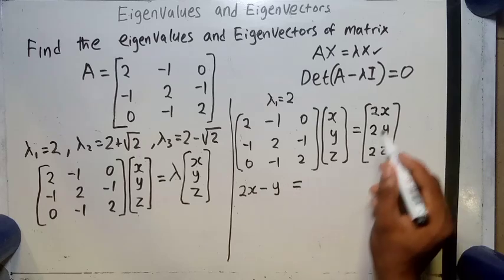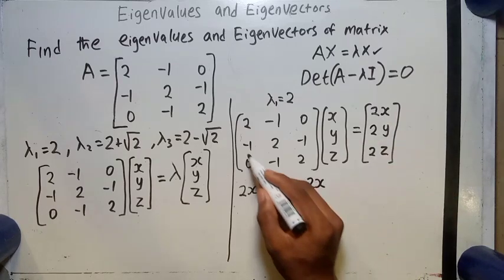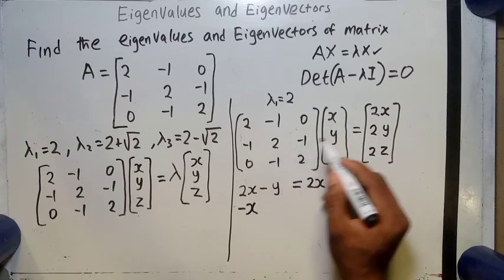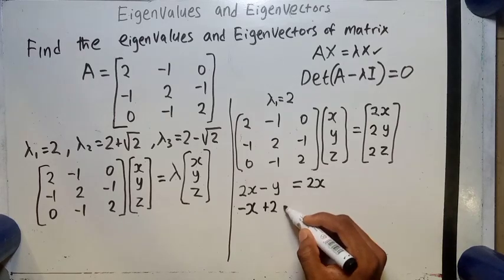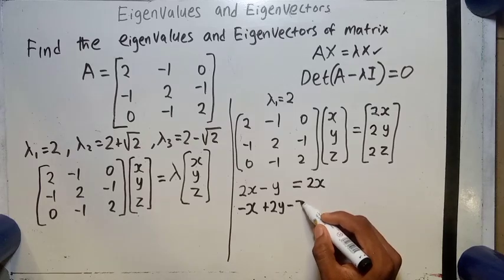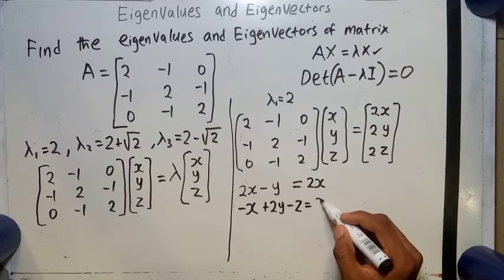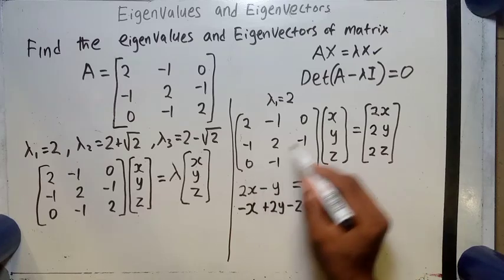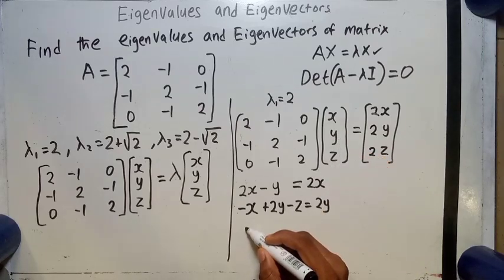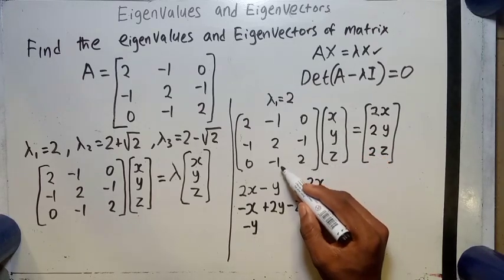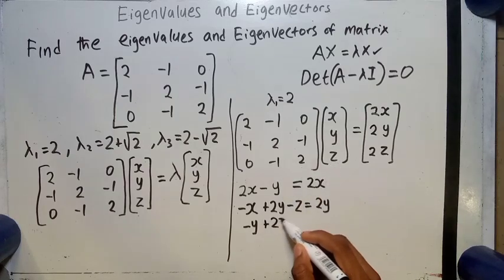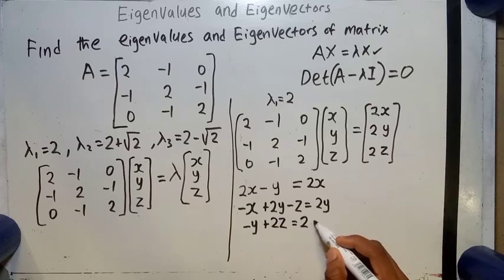So all this will give us 2x minus x, 2y plus 2y minus z is equal to... 2y. 0 times x is 0, minus 1 times y, we're going to be having minus y, minus 2 times z, we're going to be having 2z is equal to 2z.